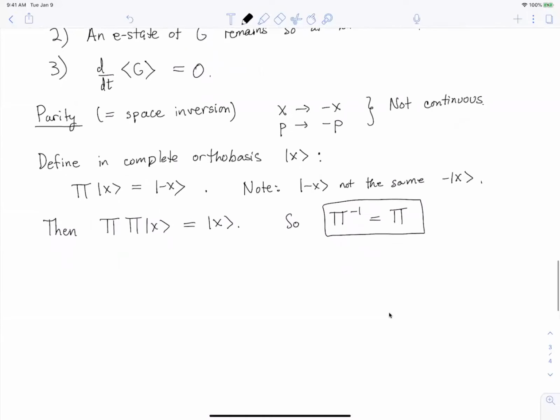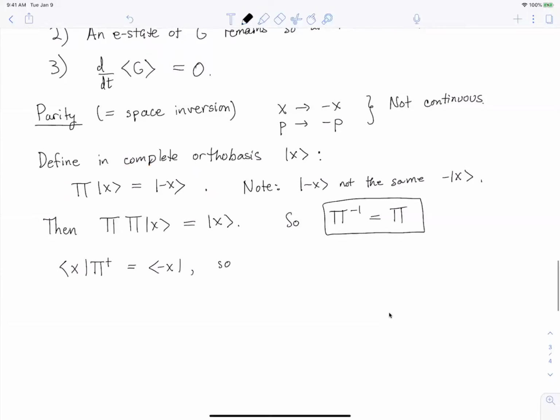Okay, another thing we can learn is, let's say we take the Hermitian adjoint of this equation. And so that says x pi dagger has to equal minus x, the bra.